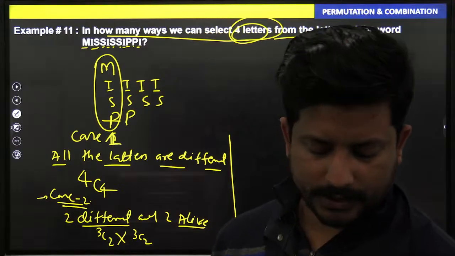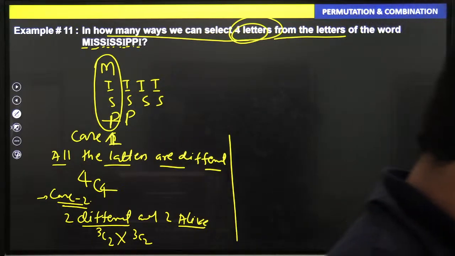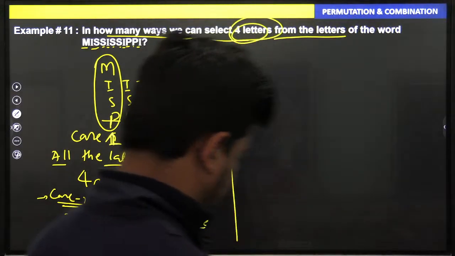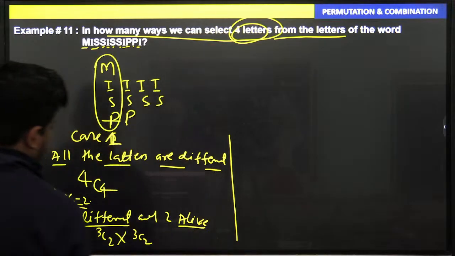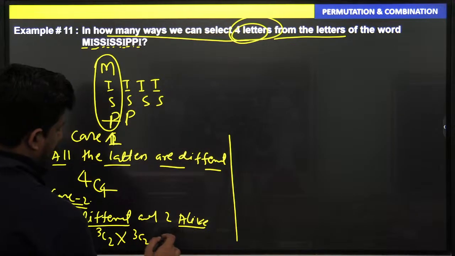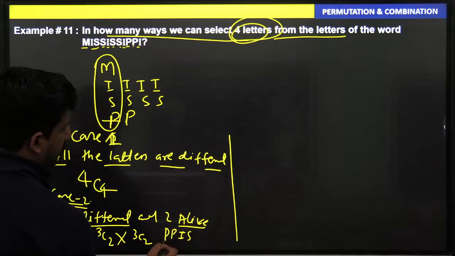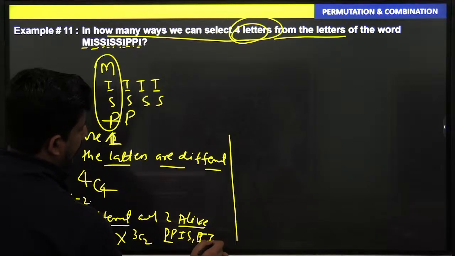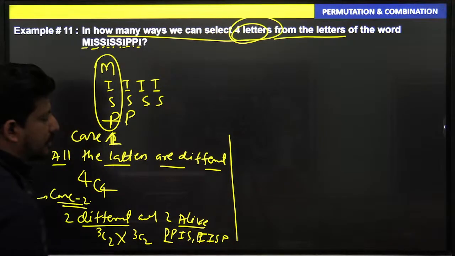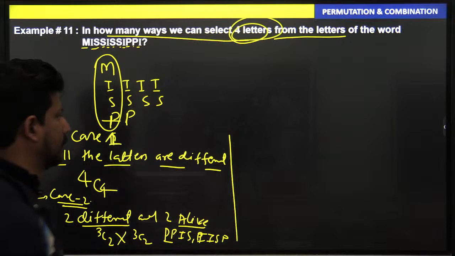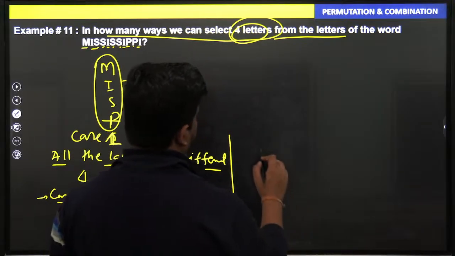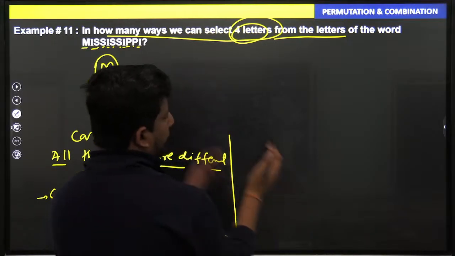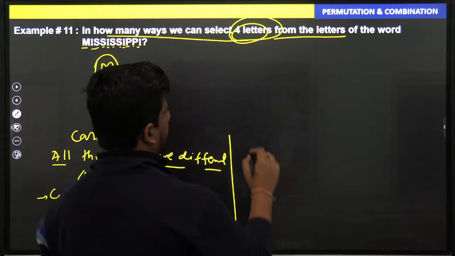Hope you are getting my points. So here the words are like that. You are selecting like PPIS, meaning 2 same and 2 different. Here you can say IISP like this, 2 same and 2 different. Now 2 same of one kind or 2 same of another kind.